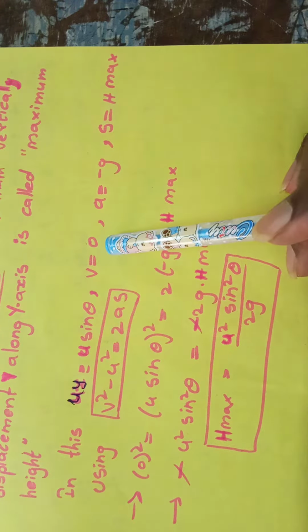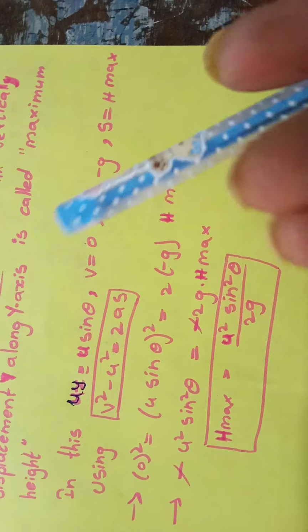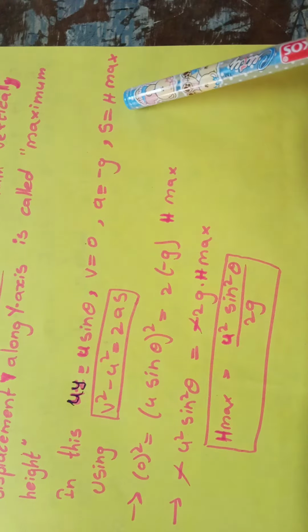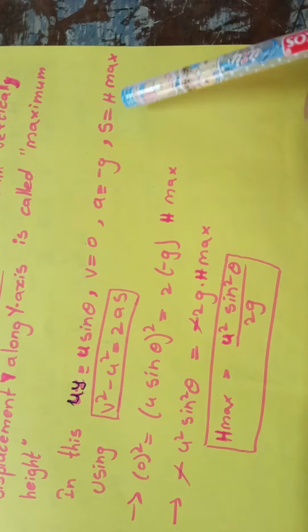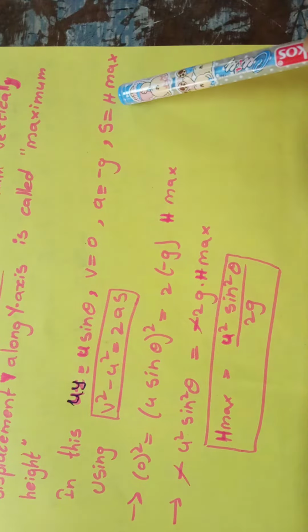When the object reaches maximum height, v is equal to 0. When the object is projected vertically upwards, a is equal to minus g. At maximum height, the displacement s is equal to the maximum height.